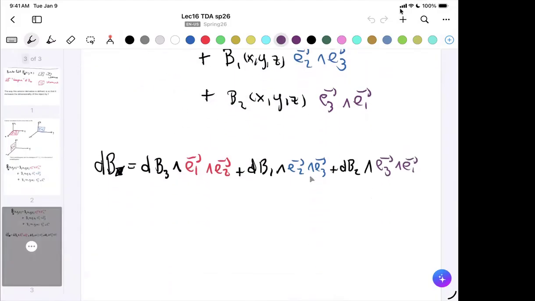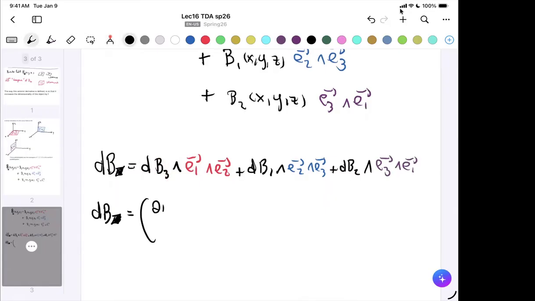So what is this going to be? It's one of those calculations that you do once in your life. Again, the derivative of a coefficient is the derivative of the function, so it's like a gradient.